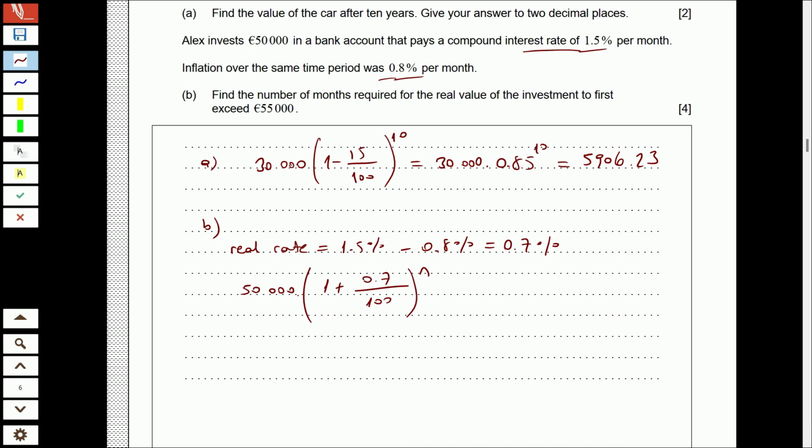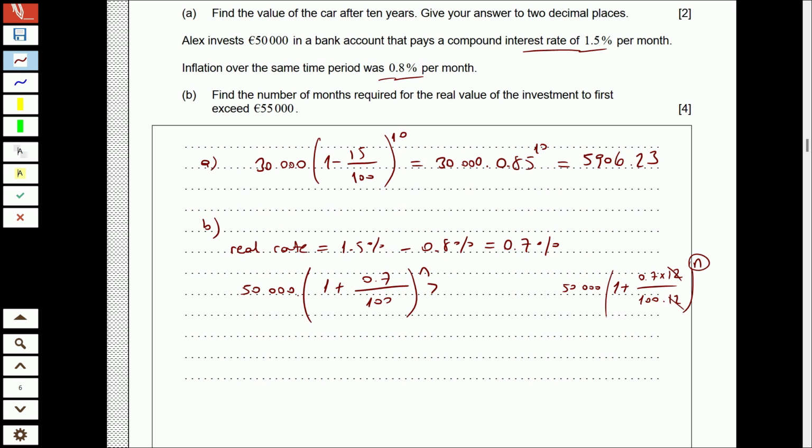By the way, in the formula booklet, you will see that when we apply it to this question, 50,000 times in parentheses 1 plus 0.7 times, for example, 12, because it's compounded monthly, and you will also divide it by 12. So it will not change anything. The n is the number of months, so we write the same thing actually.